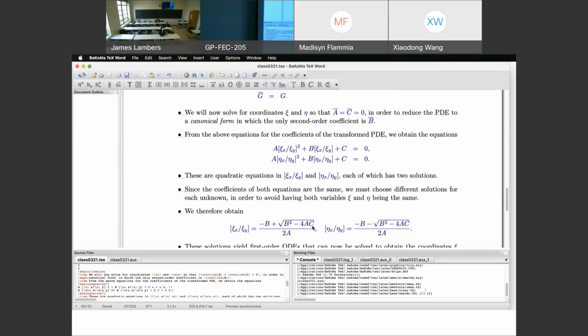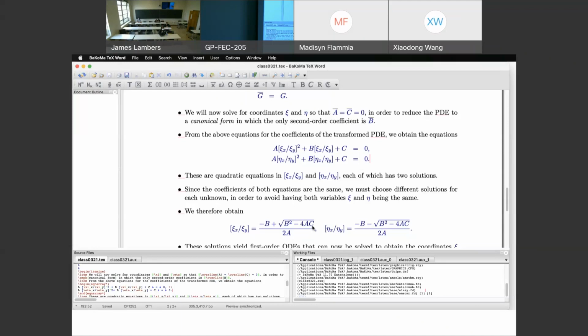Or at least there's only going to be two real valued solutions. And that means that this kind of canonical form, where the only second partial derivative is with respect to xi and eta, can only happen if the PDE is hyperbolic.